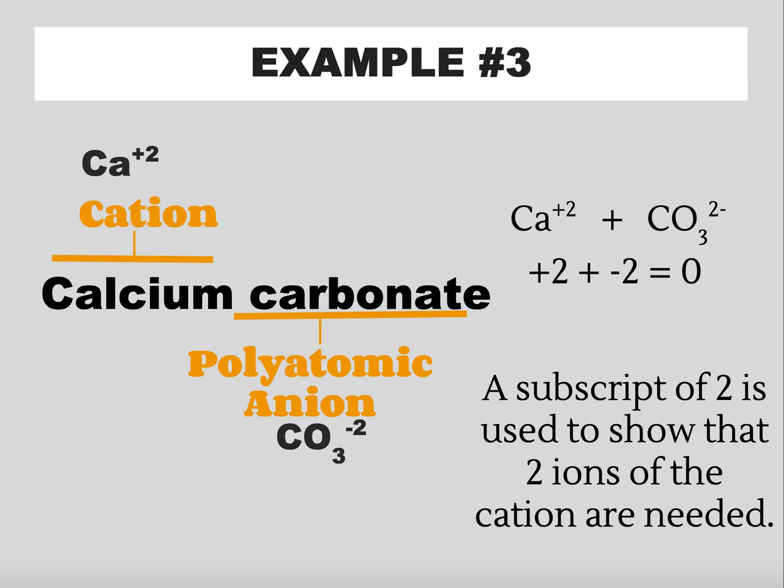Now, this is an example where when I add my charges together, +2, -2, it already equals 0. So I'm already at my end point, my goal. I'm trying to get the charges equal 0. So how many of each are needed to get that? Well, it's 1 calcium and 1 carbonate.